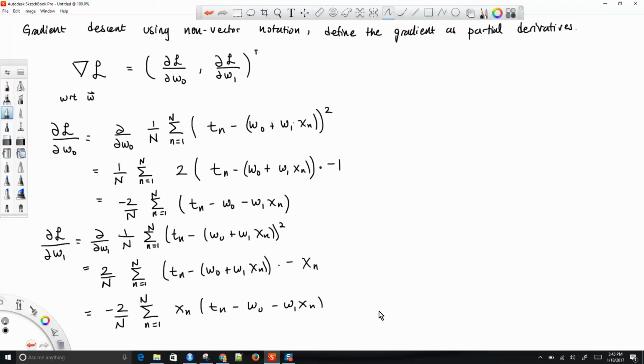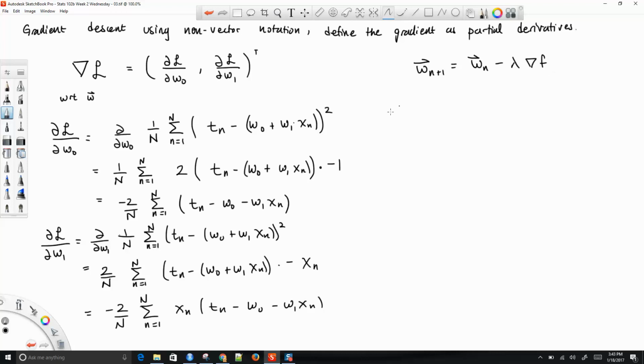Okay, so these are my partial derivatives, and if I want to implement this, the next W at n plus 1 is going to be our current Wn minus lambda times our gradient of f.